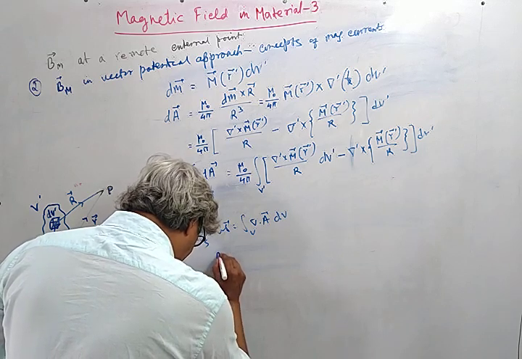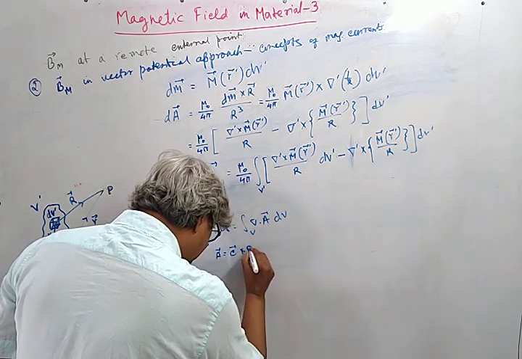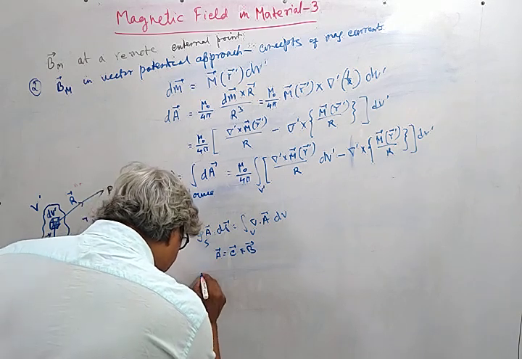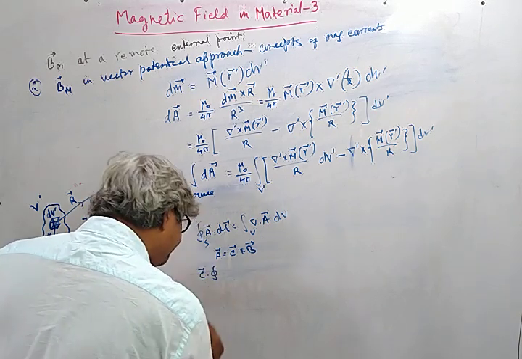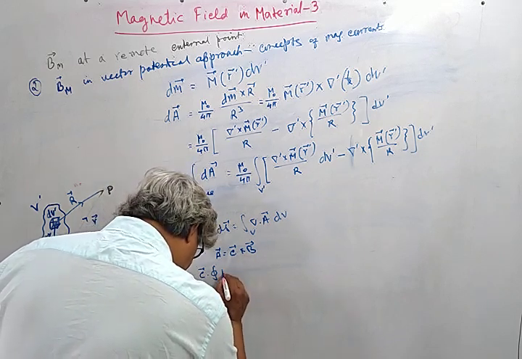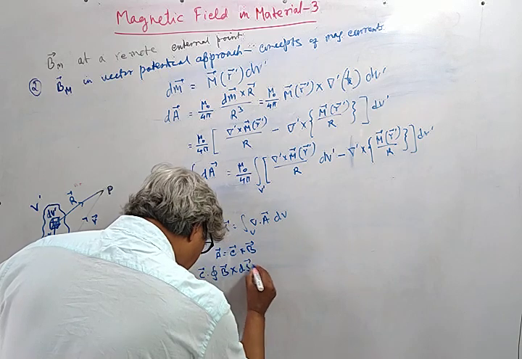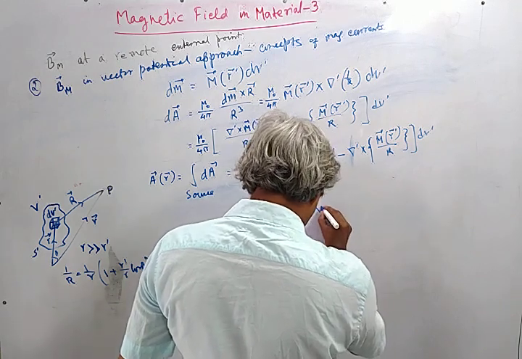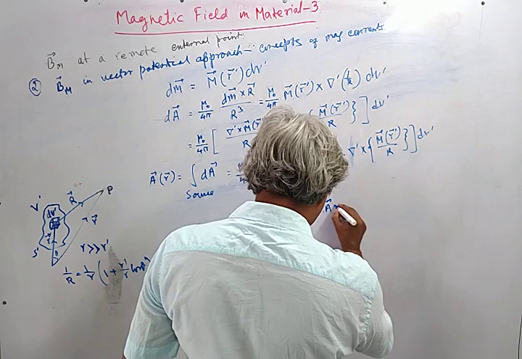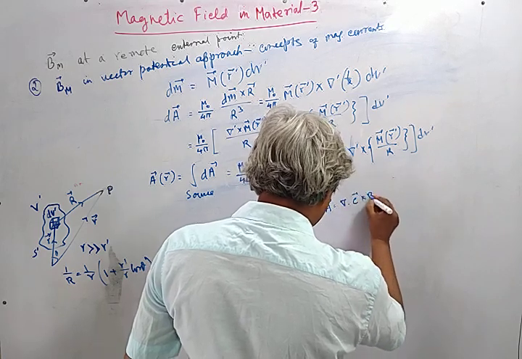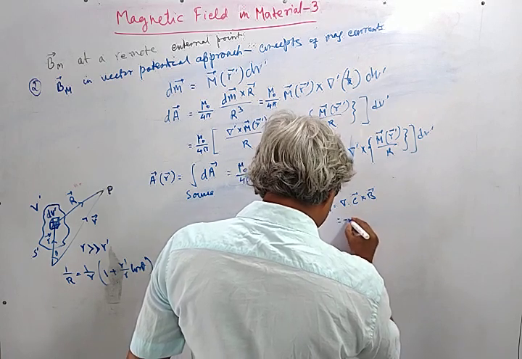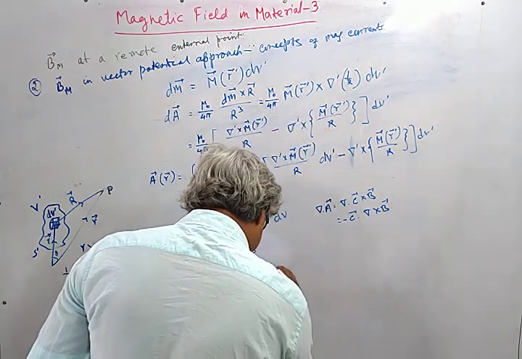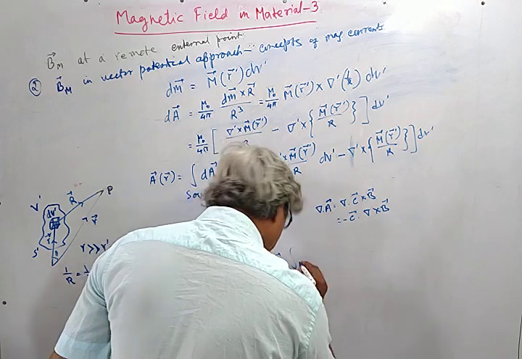If we use A equal to C cross B, where C is an arbitrary constant vector, then the left hand side becomes C dot B cross dS, and the right hand side is divergence of A, equal to divergence of C cross B, and this can be written as minus C dot curl B.